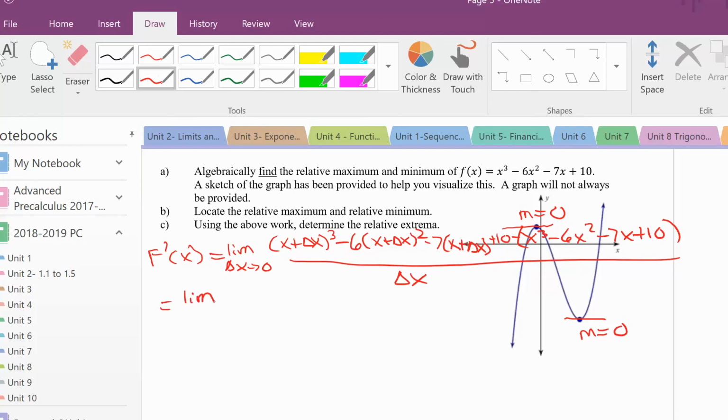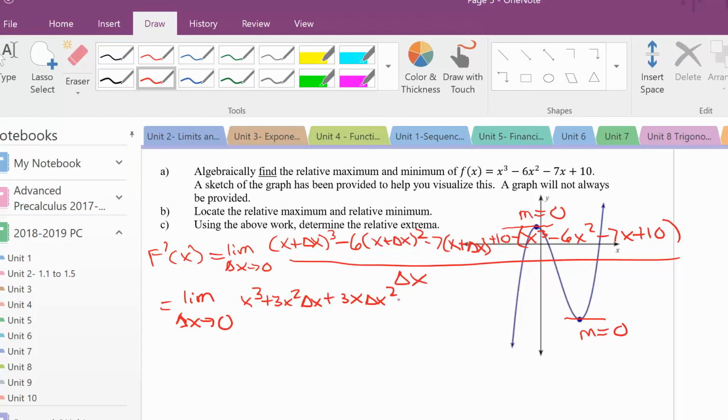So let's simplify this. We have to cube this, so that's going to be x to the third plus 3x squared delta x plus 3x delta x squared.